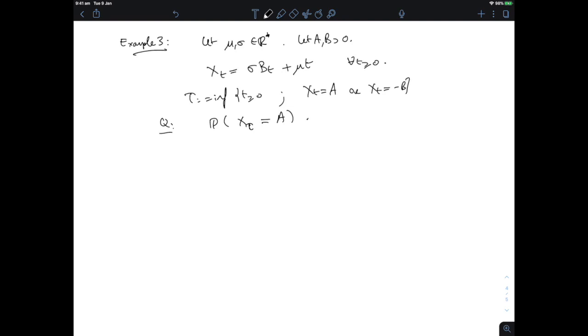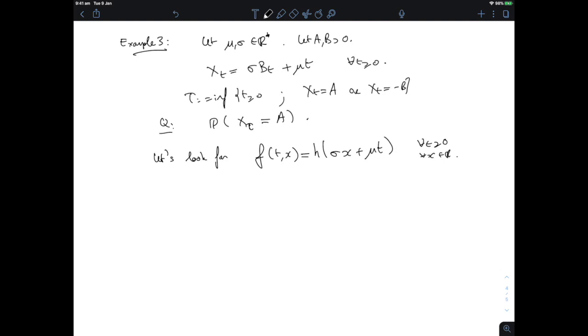So I'm going to look for a martingale that helps me study this problem. Let's look for a function of t and x that's going to be just a function h of sigma x plus mu t.